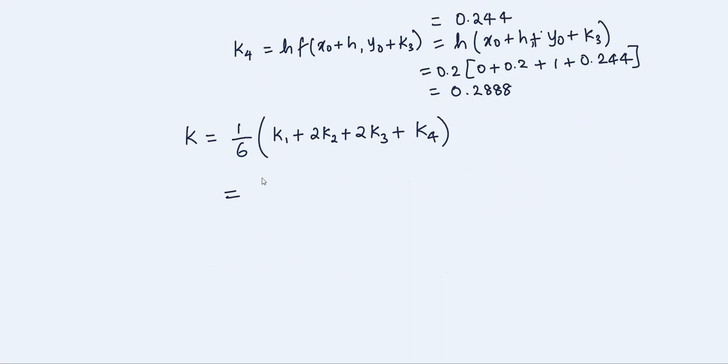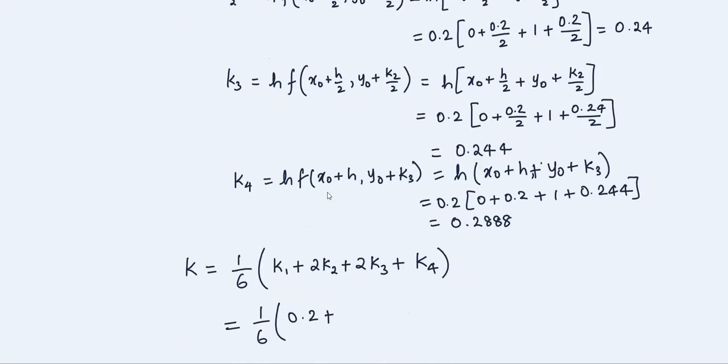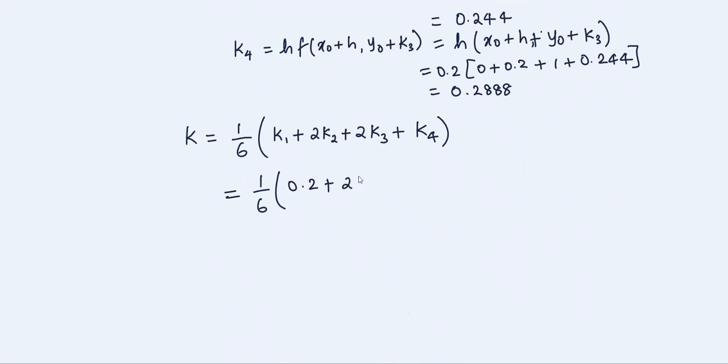So weighted average we are taking. Now K1 is 0.2, K2 is 0.24, K3 is 0.244 and K4 is 0.2888.